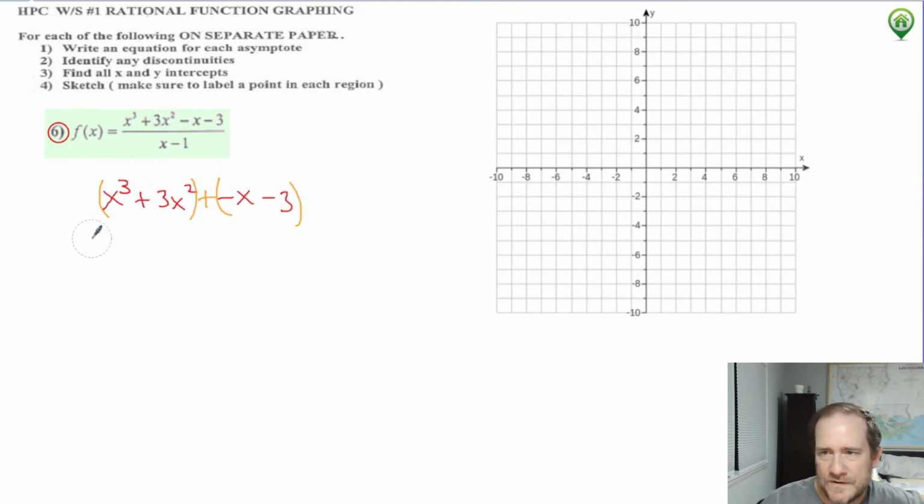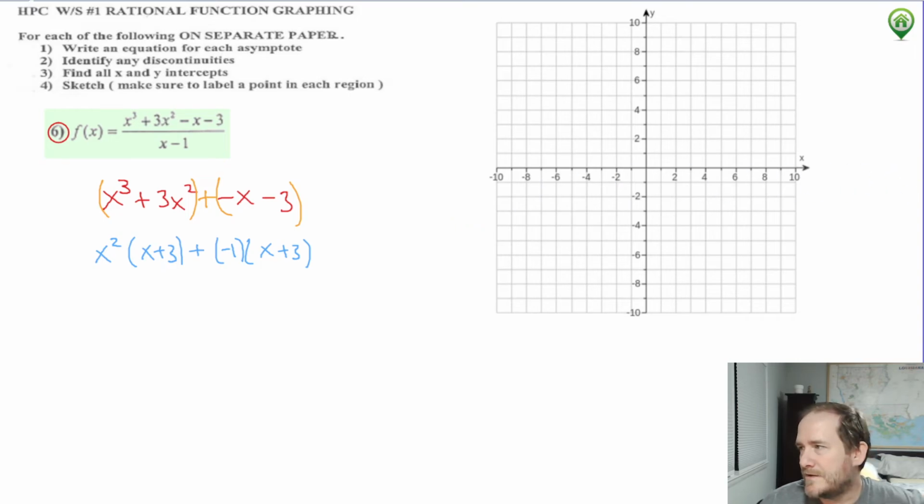So let's factor. I'll factor out my GCF. That's x squared, (x plus 3). I'll factor out my GCF. My GCF is just a negative 1. So I'll pop that out. That'll leave me with an x plus 3. Now because that x plus 3 is common, I can now factor out the x plus 3. So I can see I'll have a factor of x plus 3.